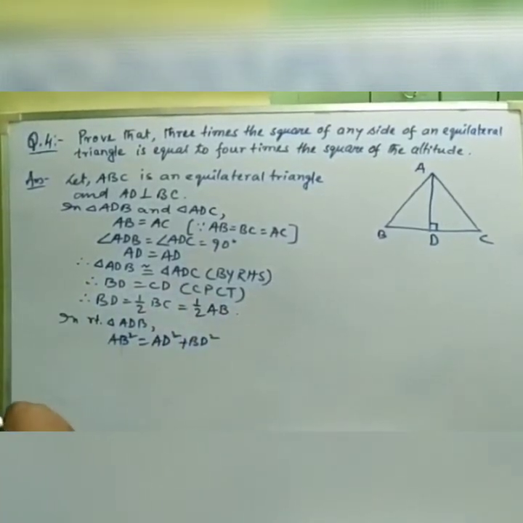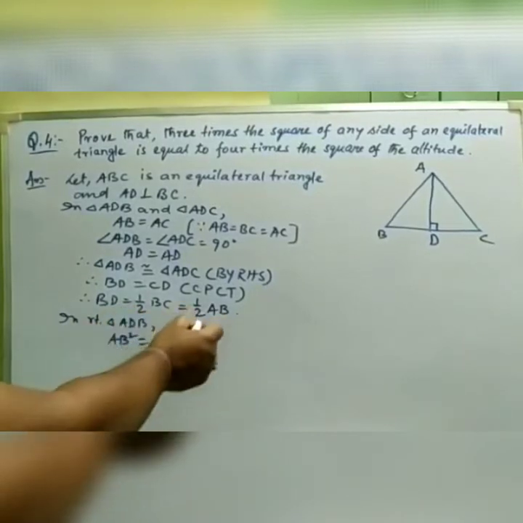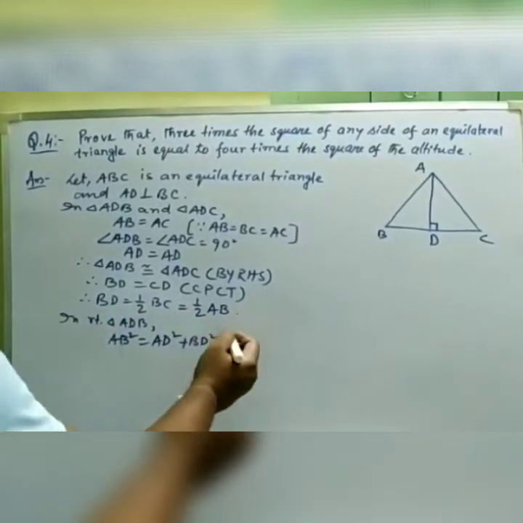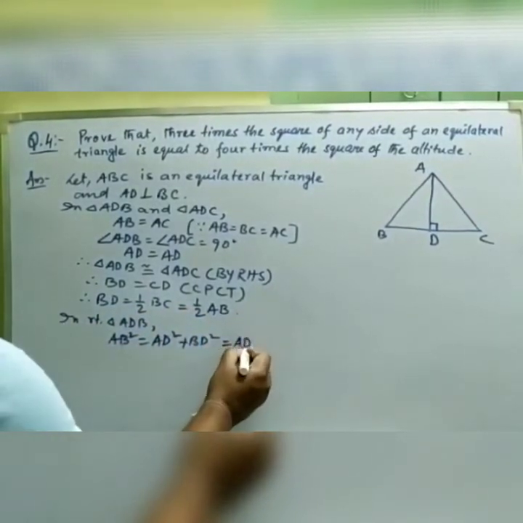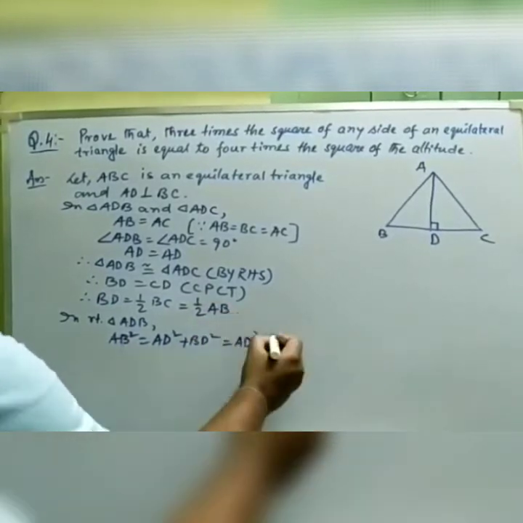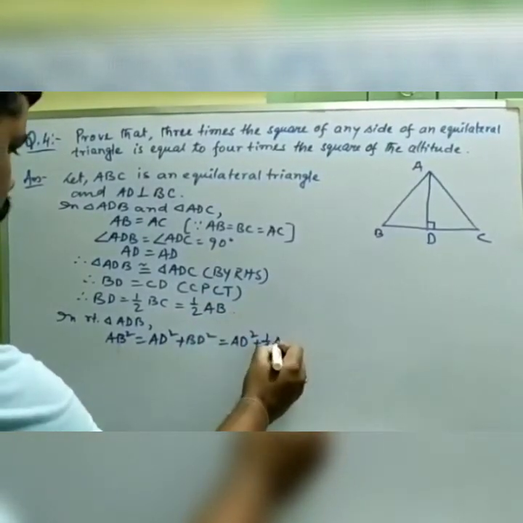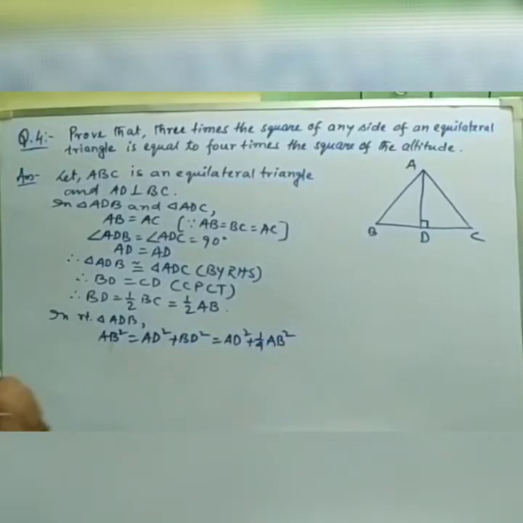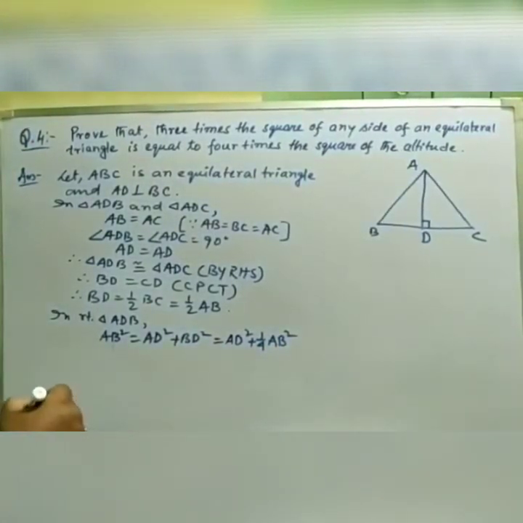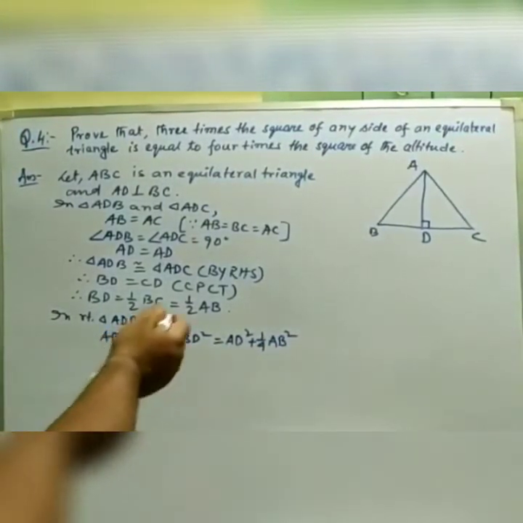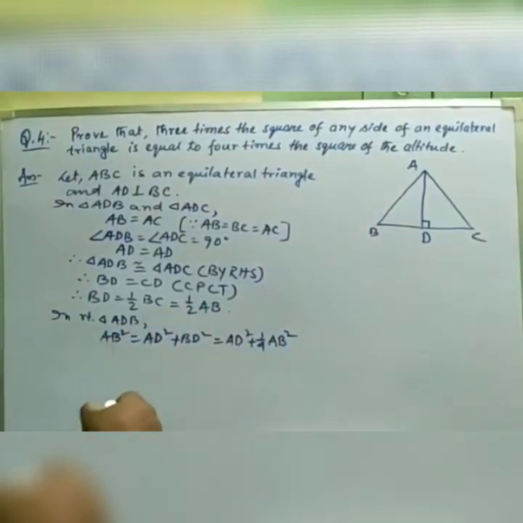Now we will replace BD by half of AB, so that becomes AD square plus half of AB whole square, that gives 1/4 AB square. So we have got AB square equals AD square plus 1/4 of AB square.